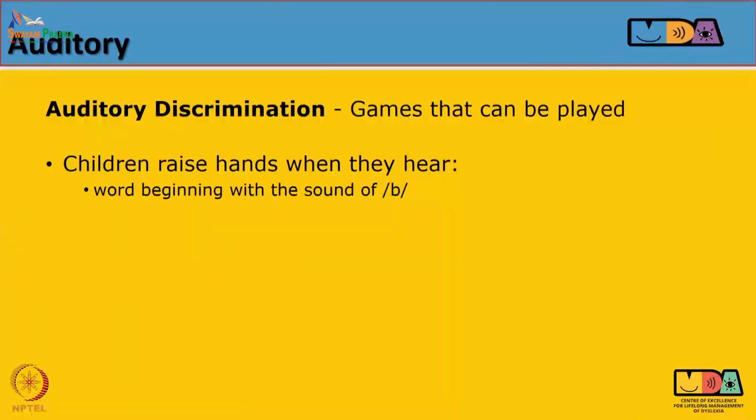Simple classroom games or a group game where you give the child the instruction that whenever he hears a word beginning with the sound of B, the child raises his hands, and you dictate to him several words. He does not have to write it; this is all auditory exercises. So, you expect the child to lift their hands when you say words beginning with the B sound.